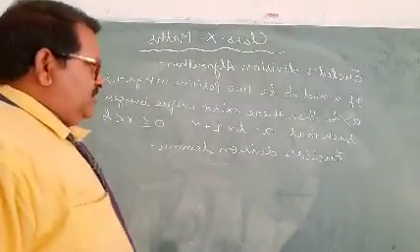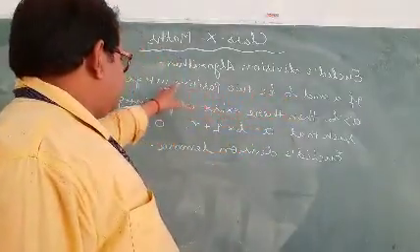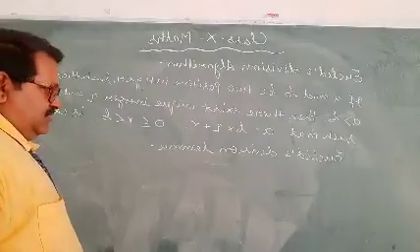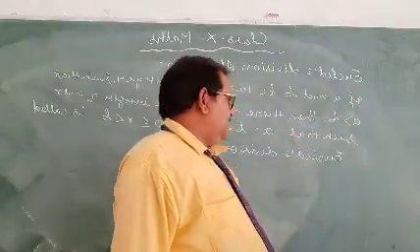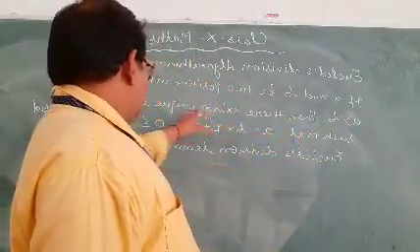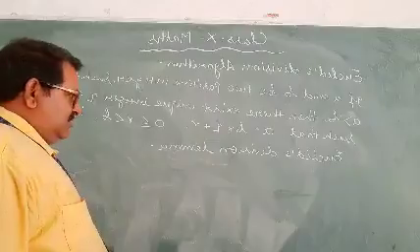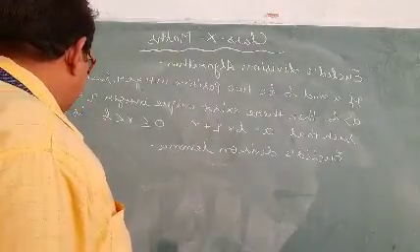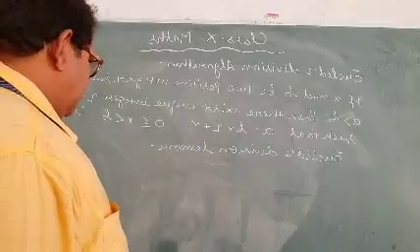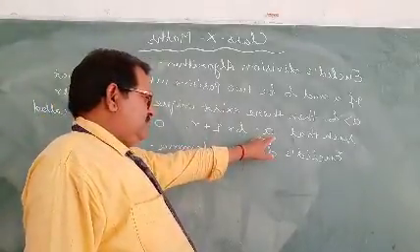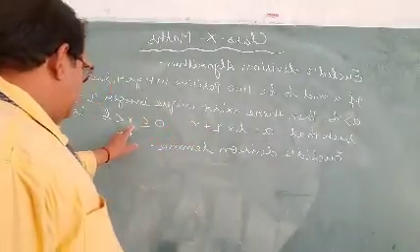Now see here, A and B are two positive integers such that A is greater than B, then there exist unique integers q and r such that a equals b cross q plus r, where r is greater than or equal to 0 and less than b.